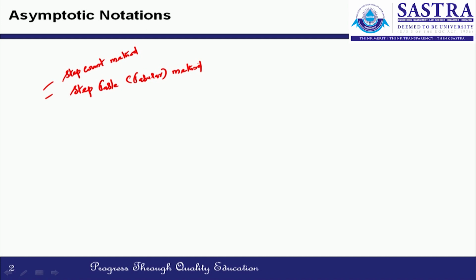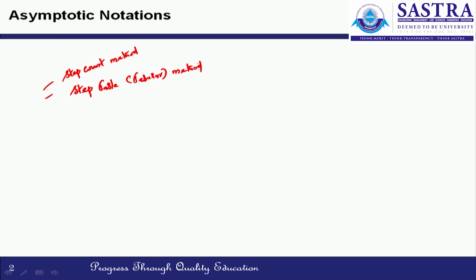In the step count method, we define a global variable count, which is initially set to 0. For each executable statement or instruction, we increment the count by 1. Finally, we determine the total number of execution steps.